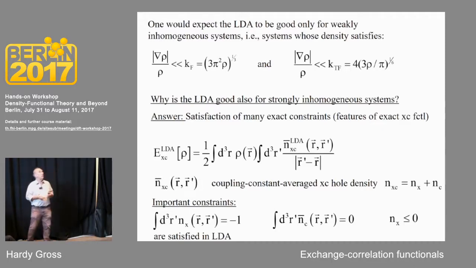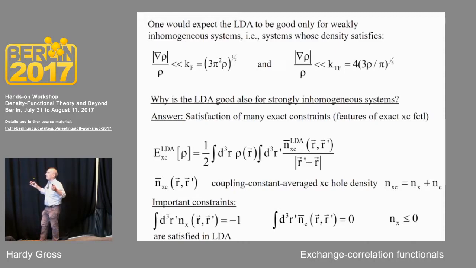So how come it works for these strongly inhomogeneous systems like atoms still okay? I'm not saying it's brilliant, but it works okay. And the answer is that the LDA satisfies many exact constraints. So what is an exact constraint? That's a feature of the exact exchange correlation functional.